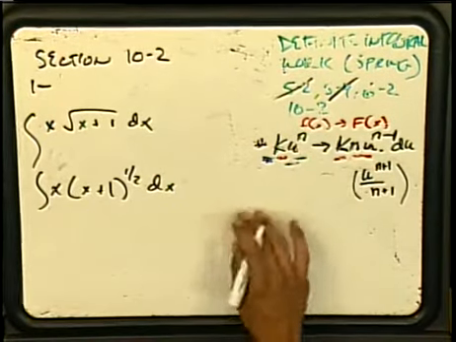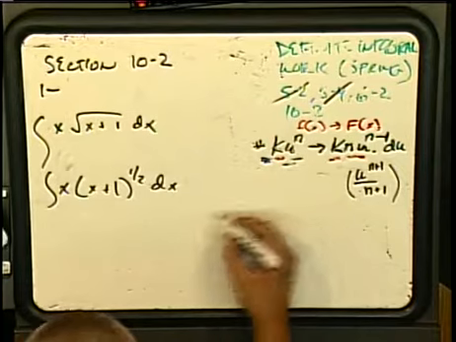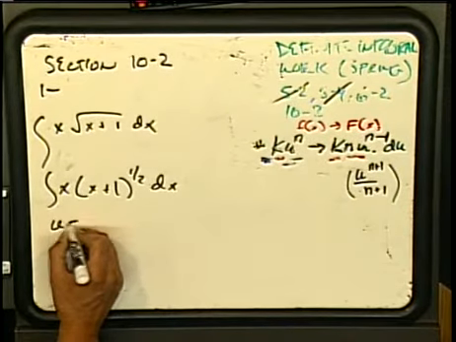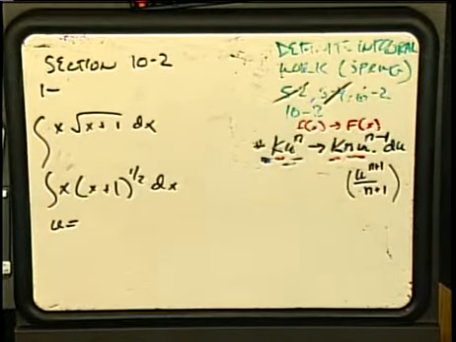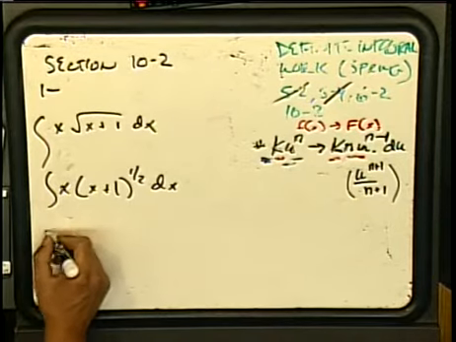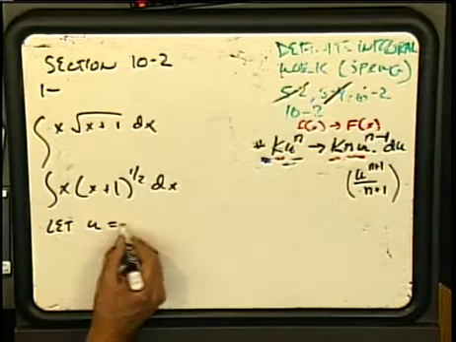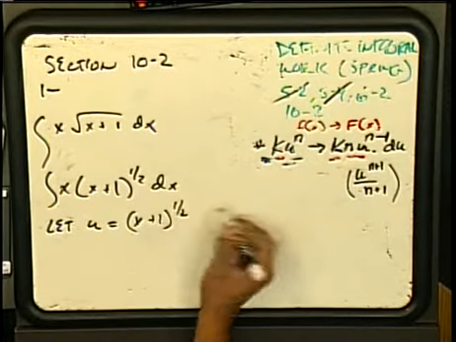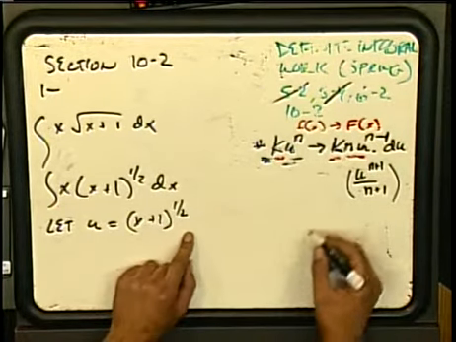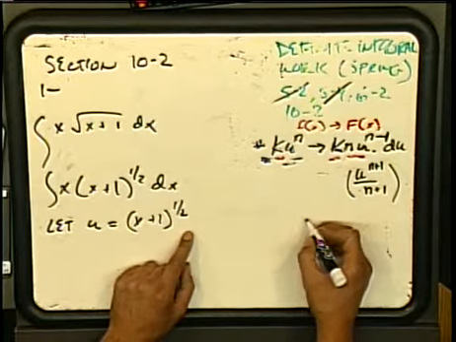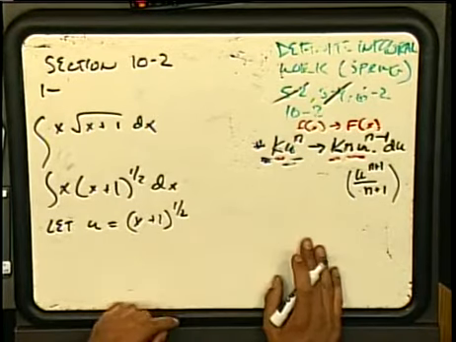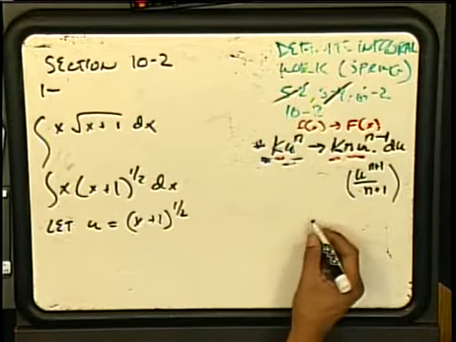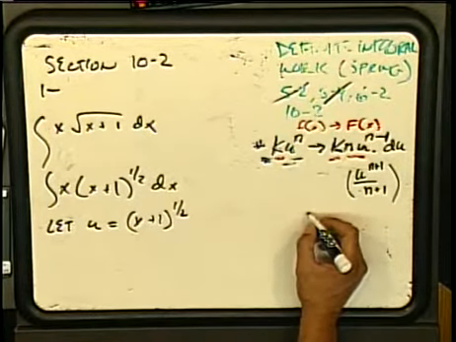Okay, we're going to do it like we did with the K, N, and list all that. We're going to do that again, like this. We're going to let u equal x plus 1 over 2. Do you have the formula?